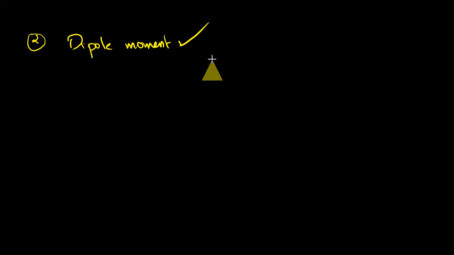For example, you know that OCS is a polyatomic molecule, or triatomic molecule. It has a permanent dipole moment because on both sides of the carbon, two different atoms are attached. They have different electronegativity values also. Therefore, OCS has a permanent dipole moment, and therefore OCS is microwave active.